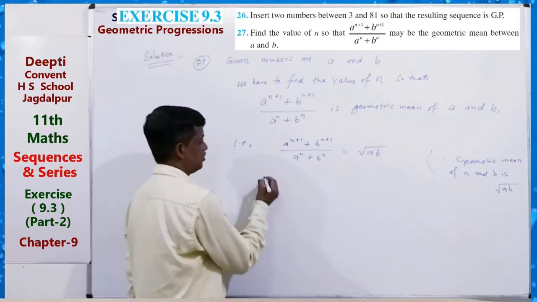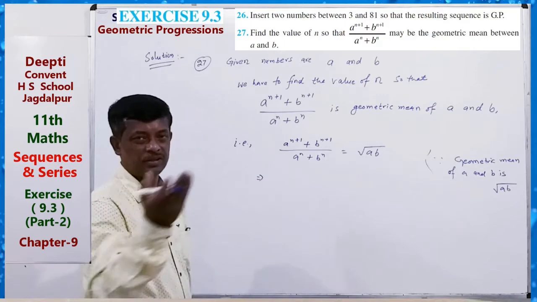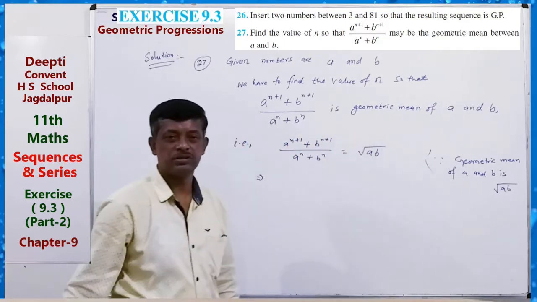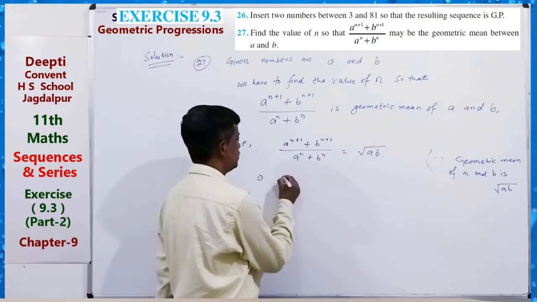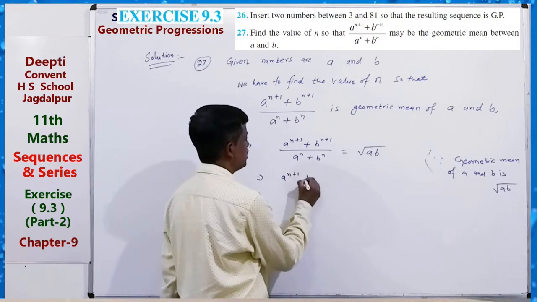The right hand side has a square root, so squaring both sides, we can get this type of relation.